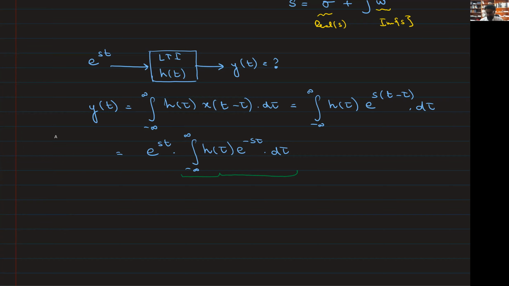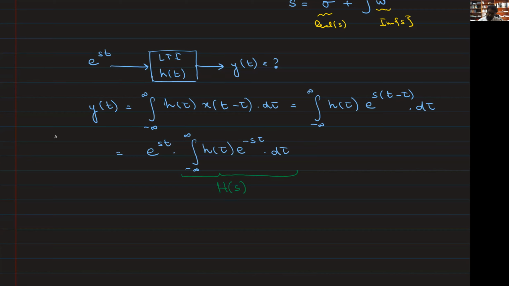So once you've integrated over the variable tau and plugged in the values from minus infinity to plus infinity, you get something constant, but a parameter will remain. Which one will remain? Mustafa says s. Excellent. So it's going to be a function of s, because if I change s, this value is going to change. So depending on what the value of s is, this value is going to change. Therefore, this thing is a function of s, and we say this is H of s.